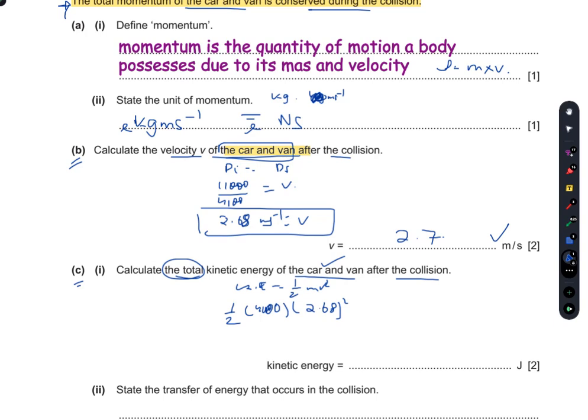Multiply this by 4100 divided by 2, so 14,723.925. So the kinetic energy is 14,723.925 joules, or you can write 14,730 joules, or you can further reduce it to significant figures. But that's your answer.